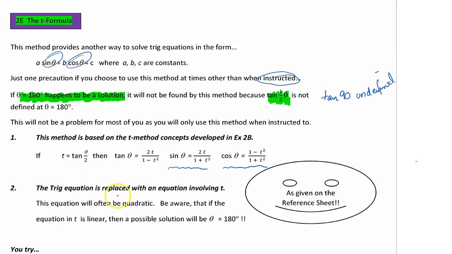So it says the trig equation is replaced with an equation involving t. This equation will often be quadratic. Be aware, if it comes up as a linear equation, it's possibly heading to this situation where a possible answer for theta, or x, is 180 degrees or pi radians, and you would need to always check that.